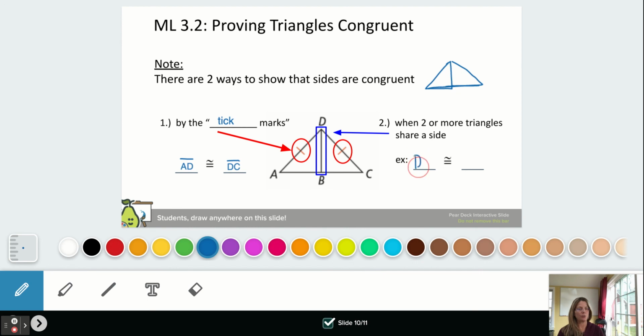So in that case, we say that the side that it shares, DB, is congruent to itself. We're going to learn about this special property called the reflexive property. But for now, just know that anytime 2 triangles touch, the side they share can be counted as one of the ways that we're looking to see the triangles are congruent.